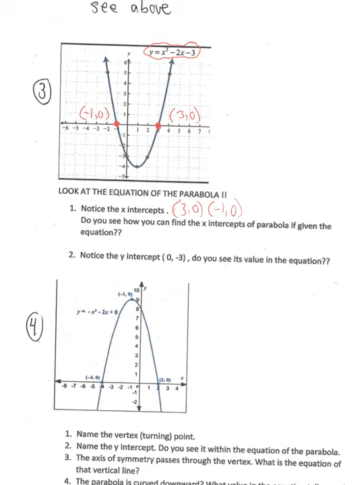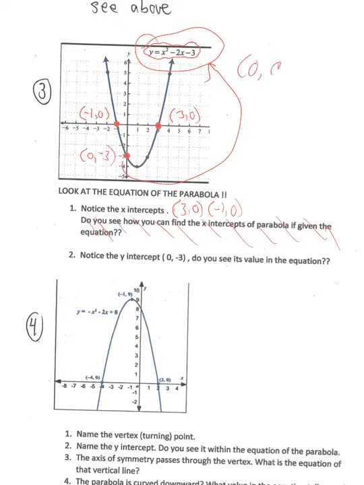We're not worried about whether we can see them in the equation. Where's the y-intercept? Notice the y-intercept is at 0, -3. Do you see that in the equation? Oh yeah, we want to be able to see that in the equation, because that 0, -3 is the 0, c.